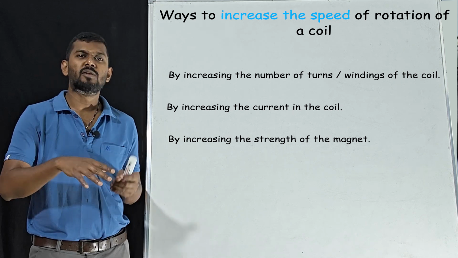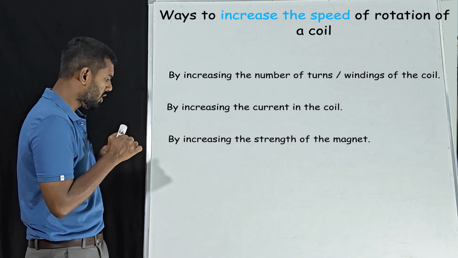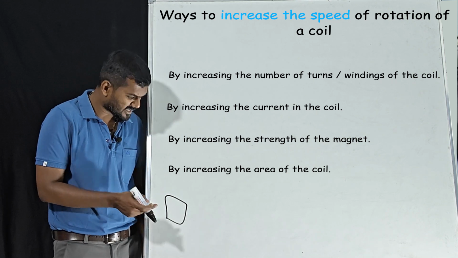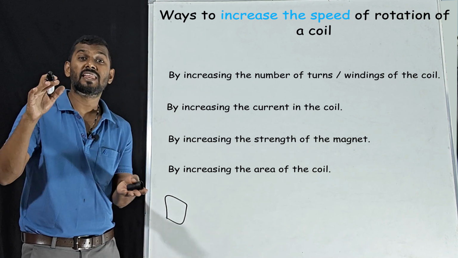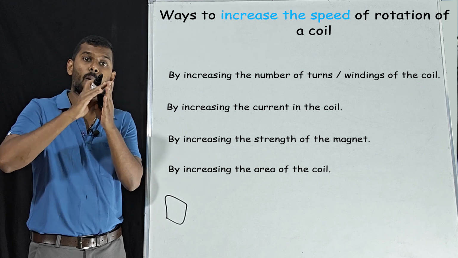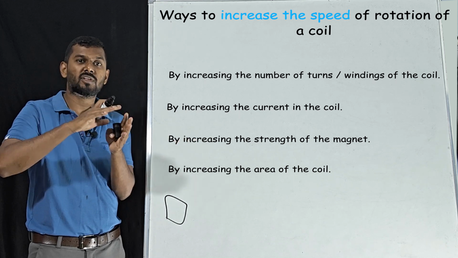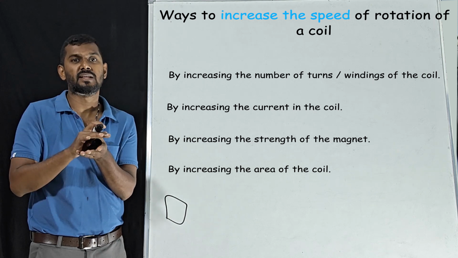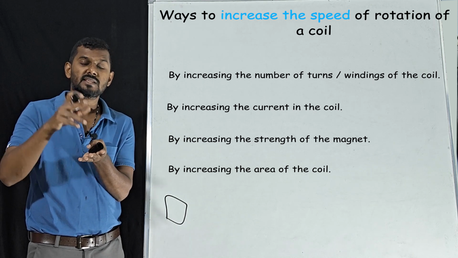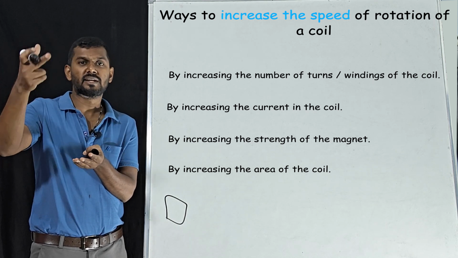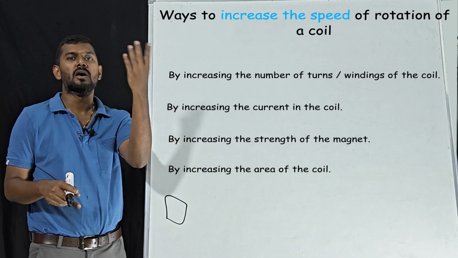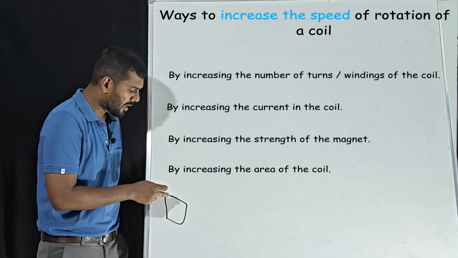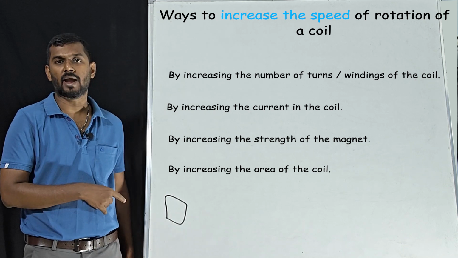Then the coil we have used, by increasing the area of the coil, the area is nothing but the thickness of the coil. If the thickness is more, what happens to resistance? Resistance decreases, correct? If resistance decreases, current increases. If current increases, more force, more speed, correct? So thickness of the coil, these are the 4 factors, okay?